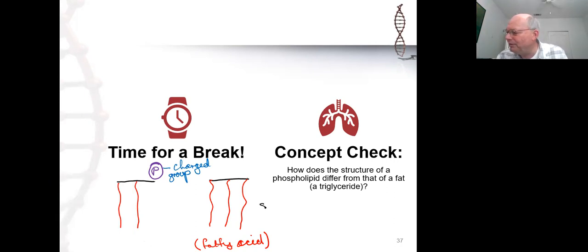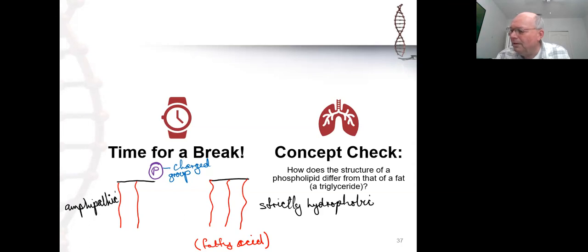A triglyceride is strictly hydrophobic, and we know that a phospholipid is amphipathic, because you've got the uncharged, hydrophobic fatty acids, and you've got this charged area up here. So that's a quick review of the two, just so that you have an idea of the difference in structure.